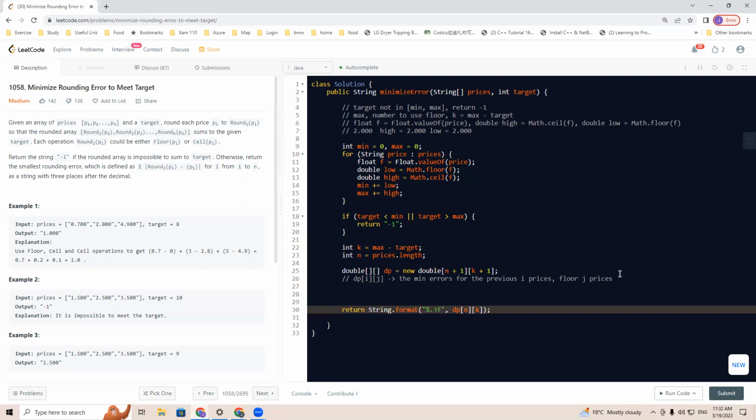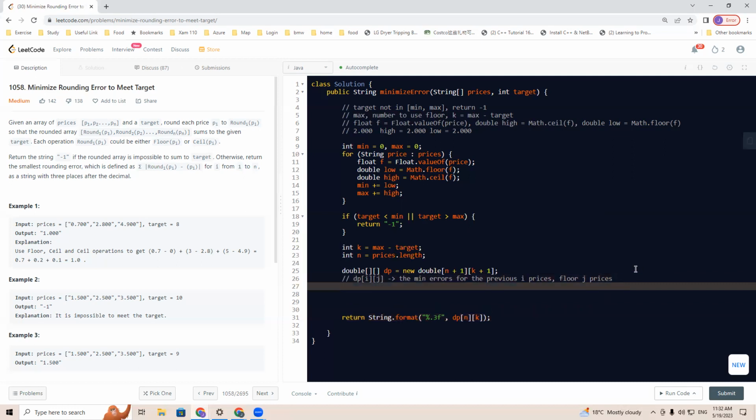Okay, so we'll first set the initial value for this, which will be for double D in DP.